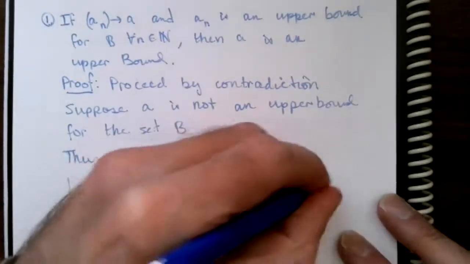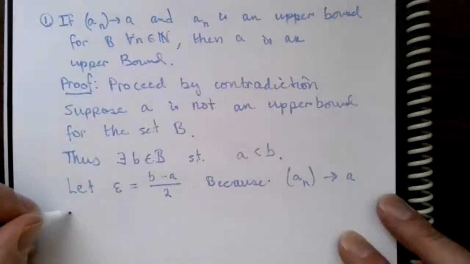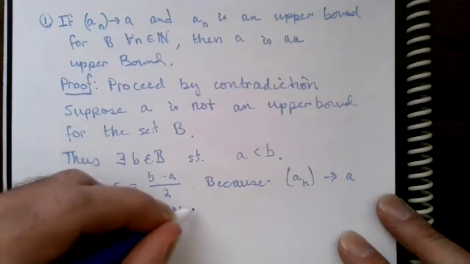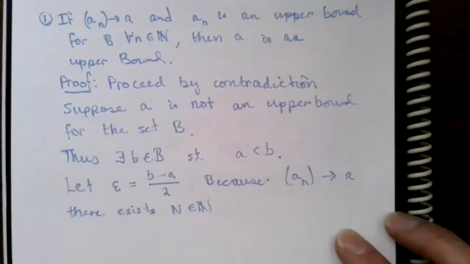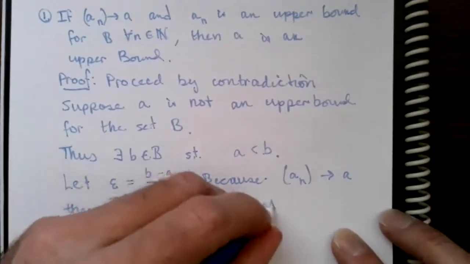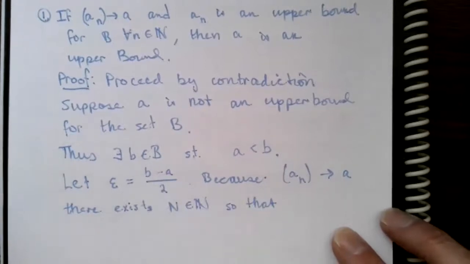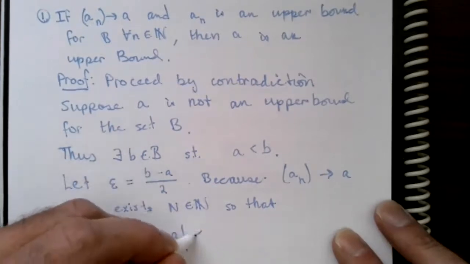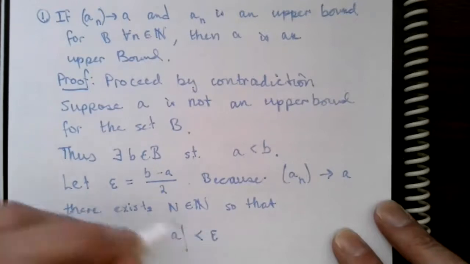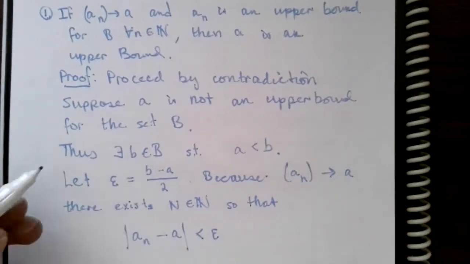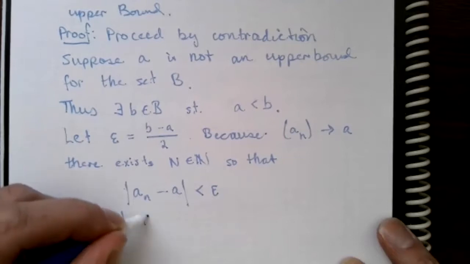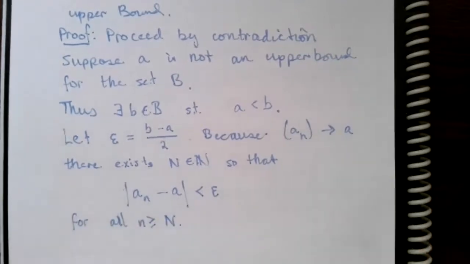So because A sub n converges to A, we know there exists capital N, a natural number, so that this inequality holds.